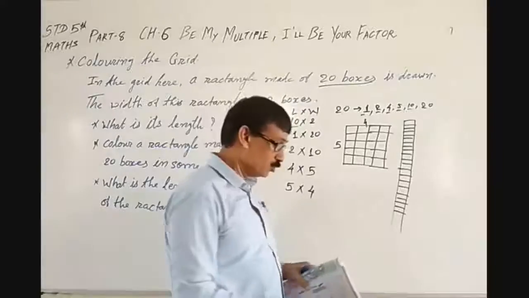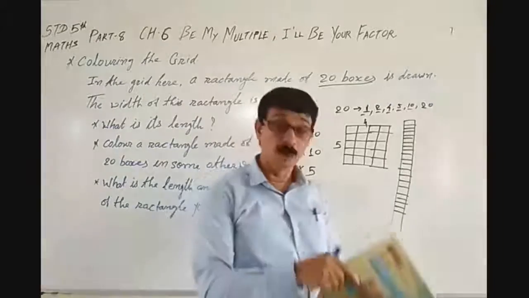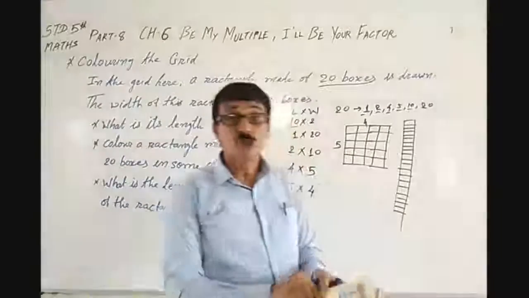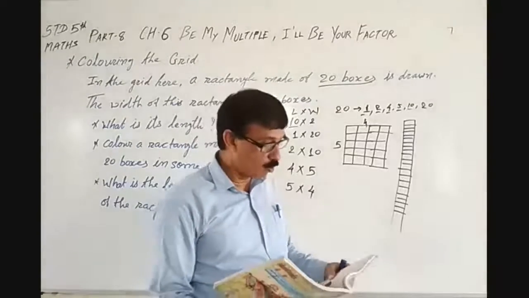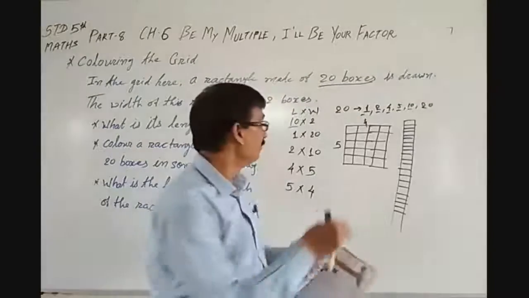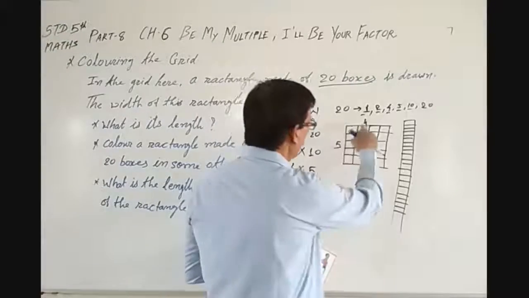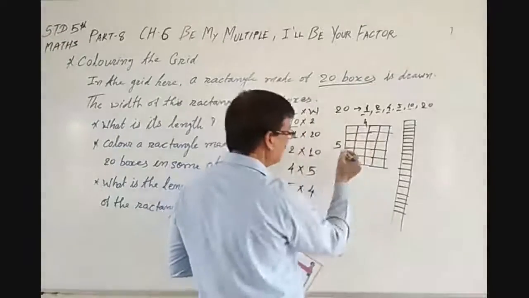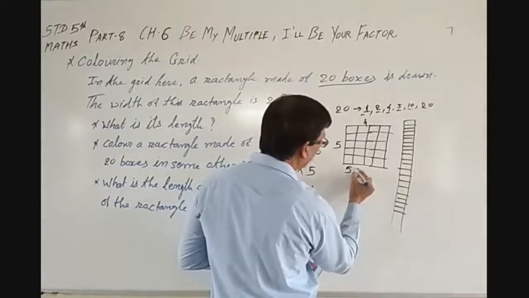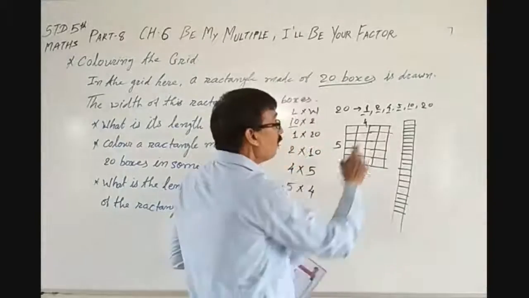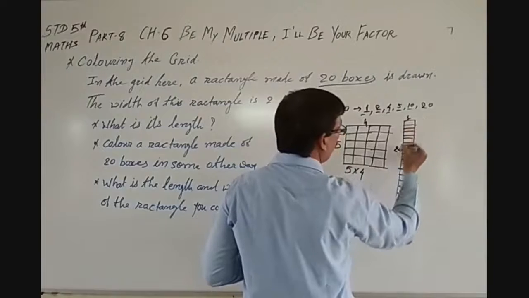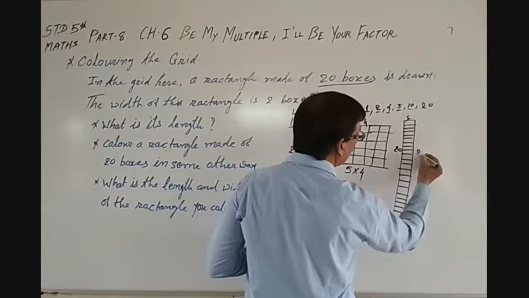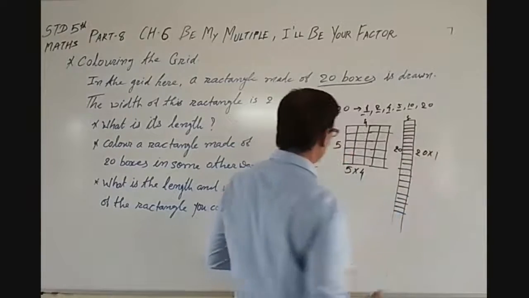So how to draw these rectangles we have come to know. So total how many rectangles? The next question is what is the length and width that we write down? For this rectangle we can write 5 multiplied by 4. For this rectangle the length is 20, width is 1, so we can write 20 multiplied by 1.